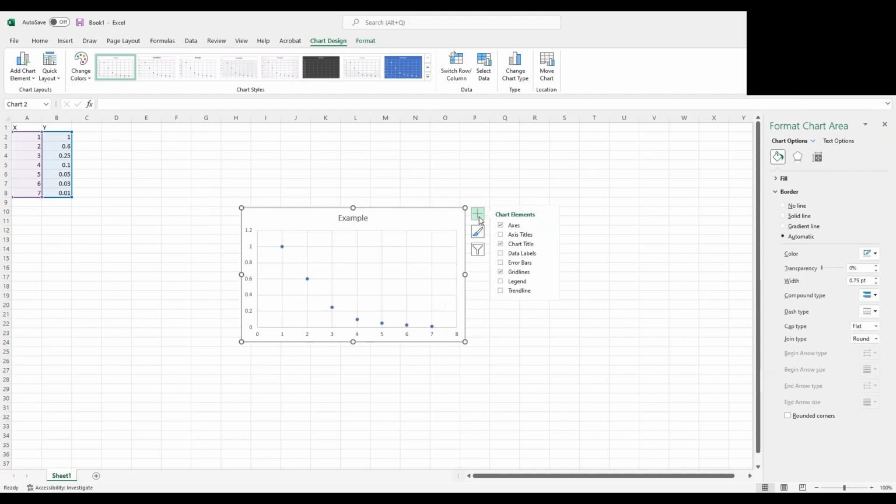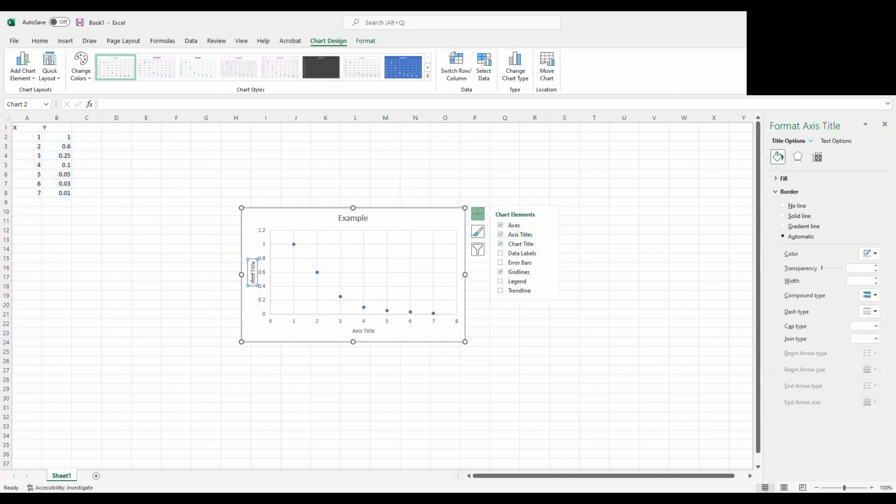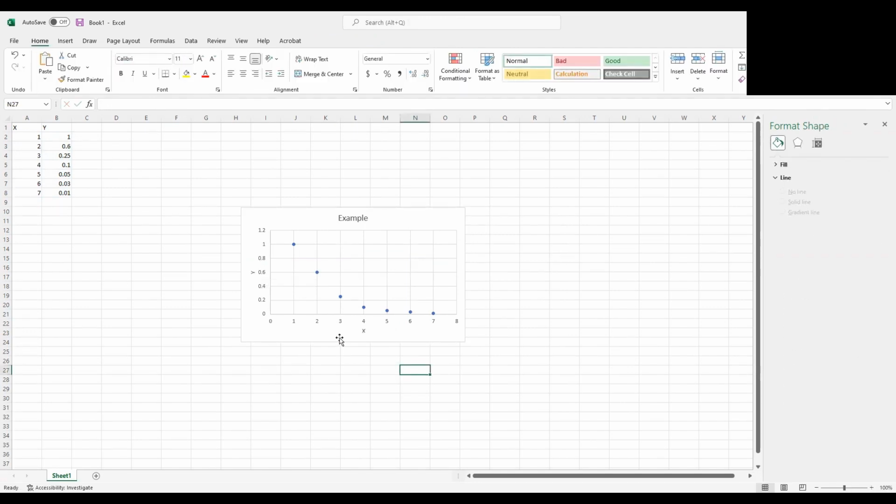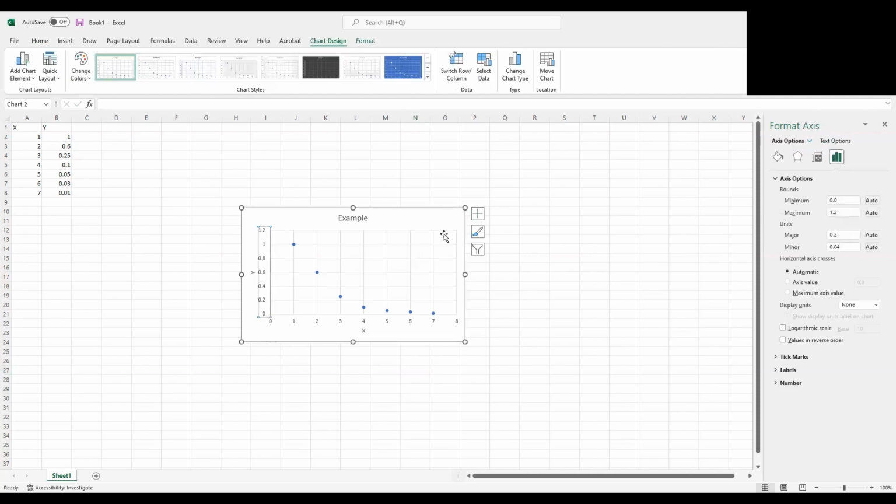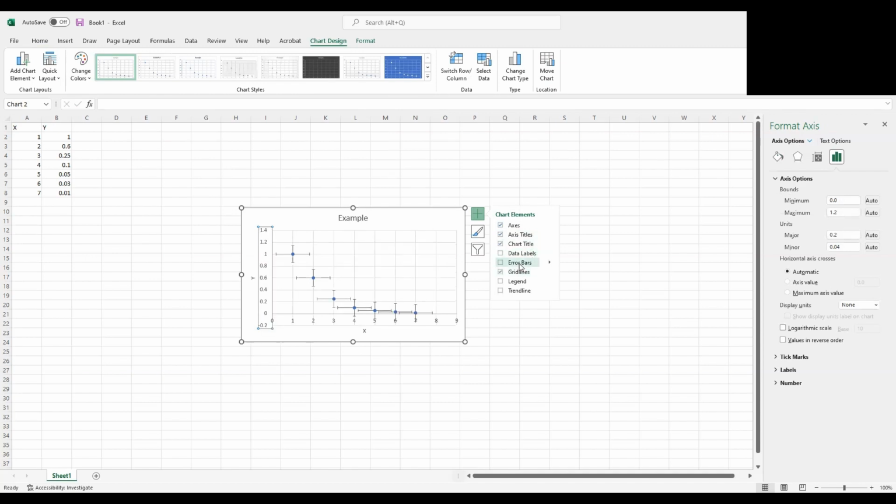Now, if I want, I can add axis titles. So we call this Y, and I will call this one X. I can include data labels if I want. I can add error bars, and I'm going to do that.